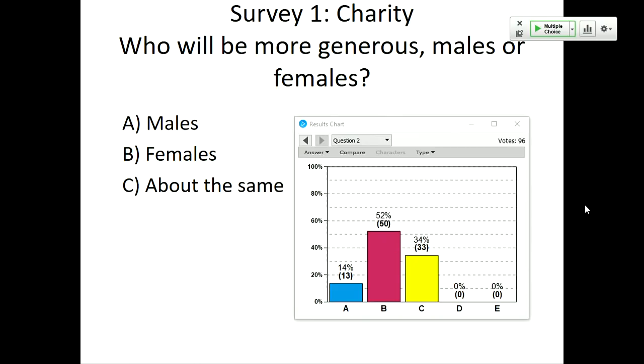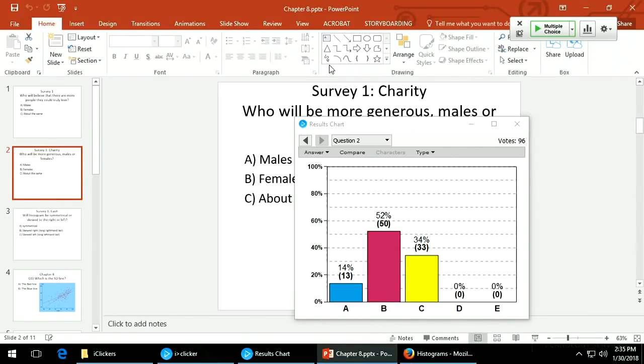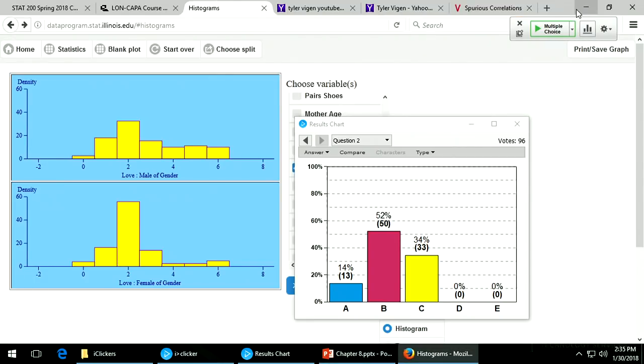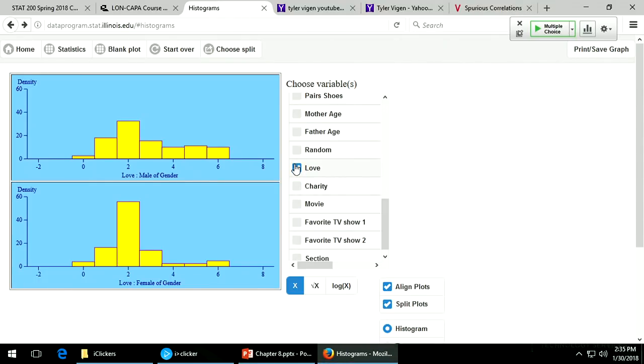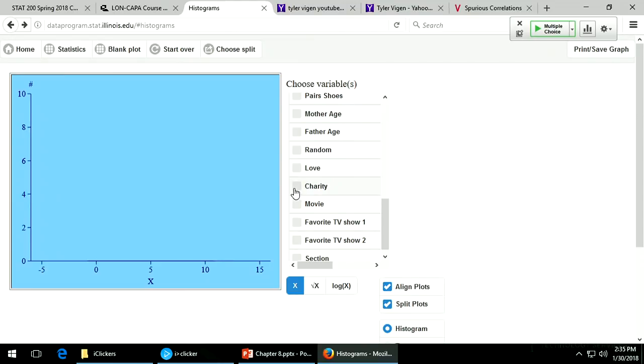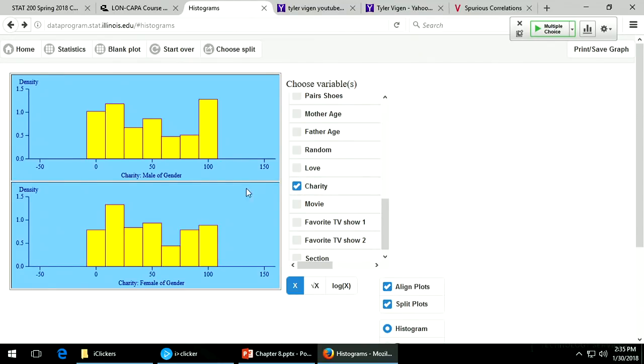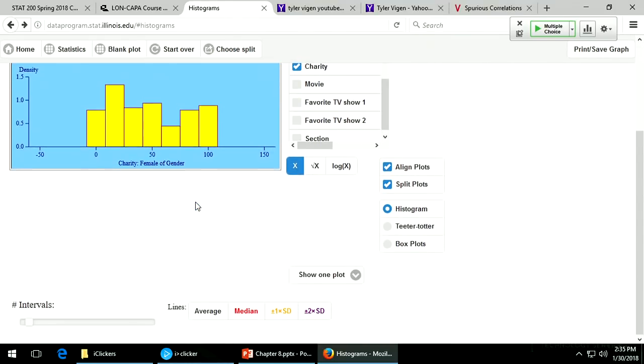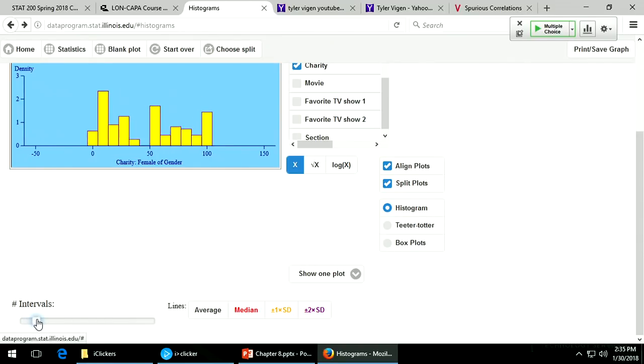All right, so let's see what you actually did. Now we're going to switch to charity. This is males, and this is females. Look, a lot. We need more bins, though. Does that look good?